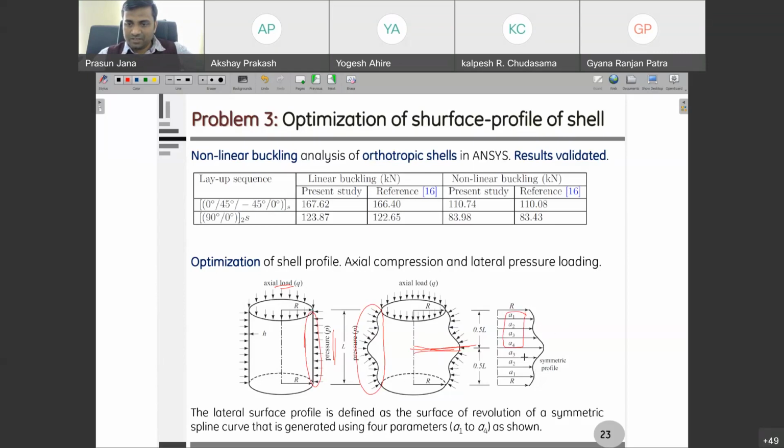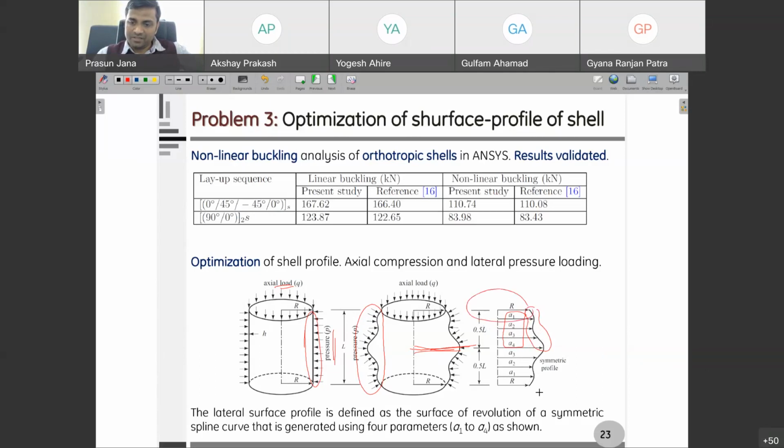We get a spline curve using these parameter values. You generate a curve using 4 parameters, then reflect it to get the other half, and then use surface of revolution to generate the whole 3-dimensional surface like this.